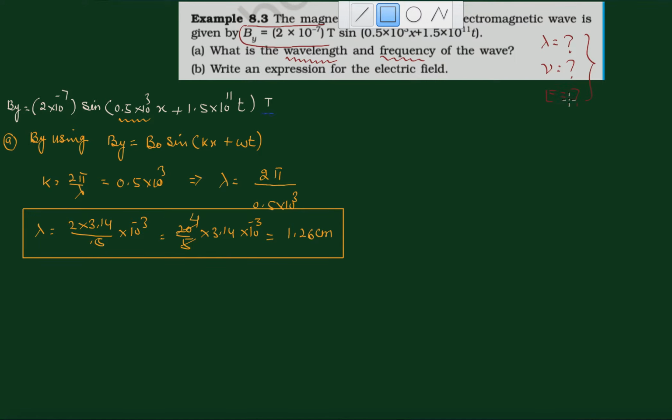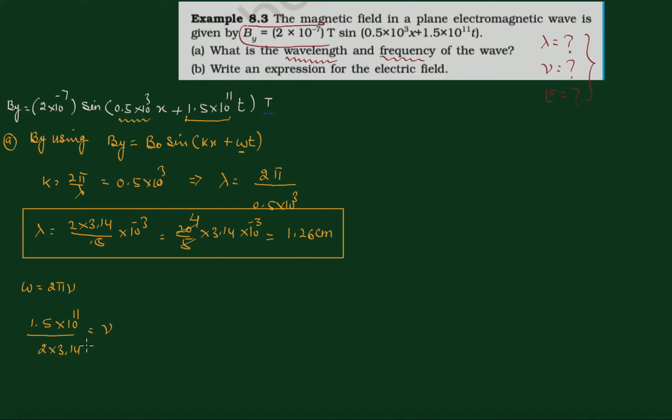And then frequency. One thing more is asked from you. The frequency is, so you know that omega is equal to 2 pi nu. So this part is omega. So omega is 1.5 cross 10 to the power 11, upon 2 pi, that is 2 cross 3.14, is the frequency that is asked from you.